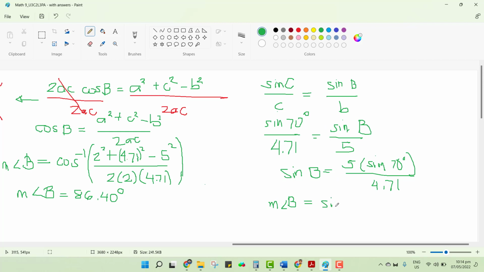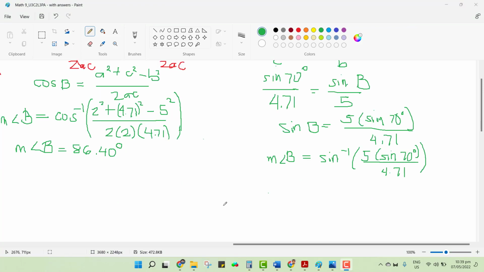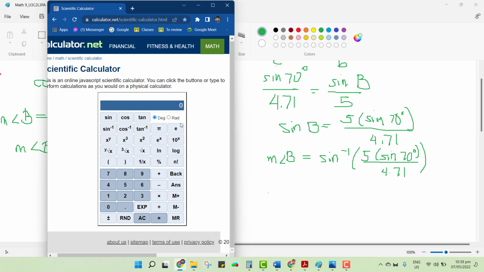So let's have the sine inverse of the value here, 5 sine 70 degrees all over 4.71. So let's do our trick here using this calculator. Let's input all the necessary details: 5 times sine 70 degrees for the numerator, to be divided by 4.71. Okay, this is the value.